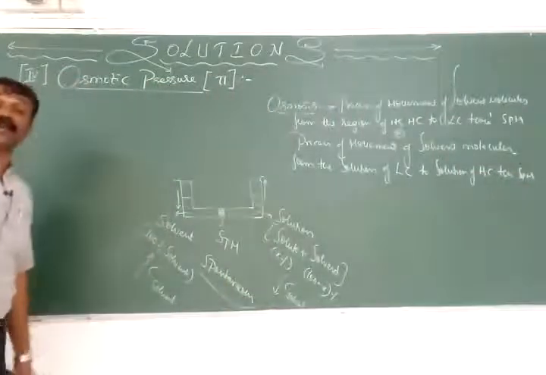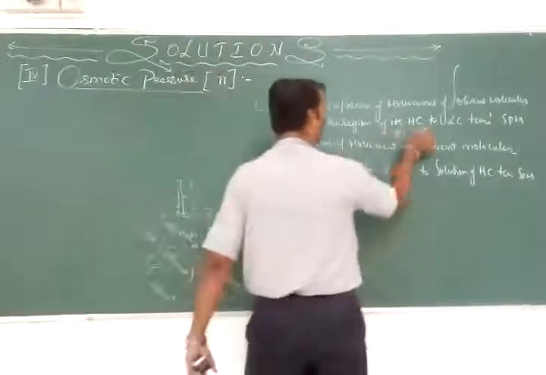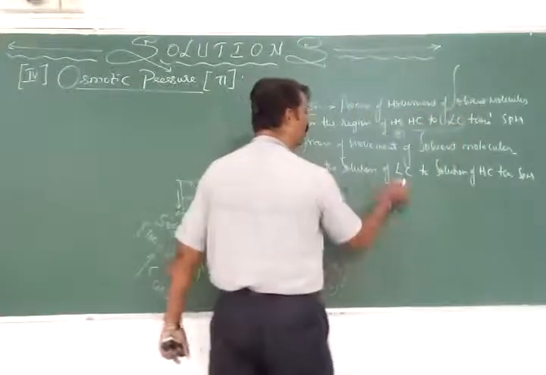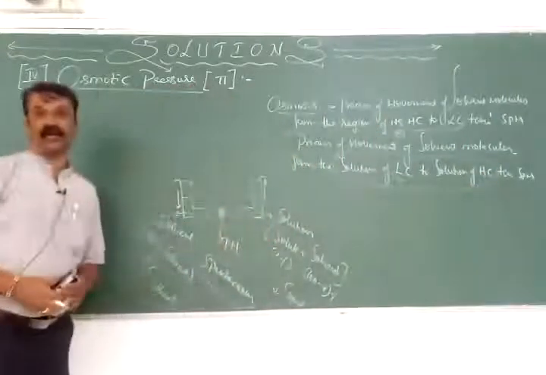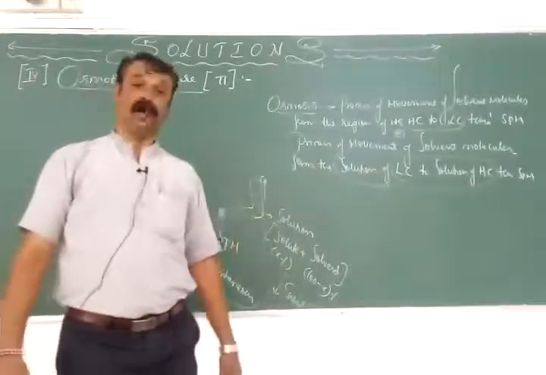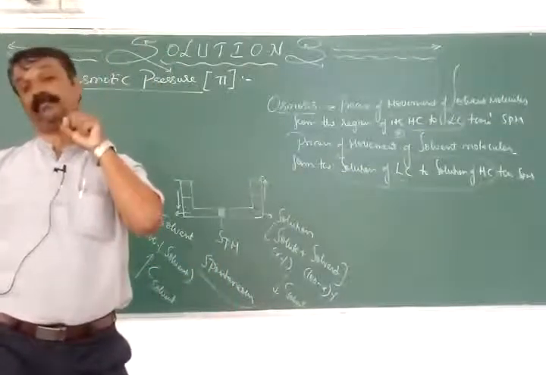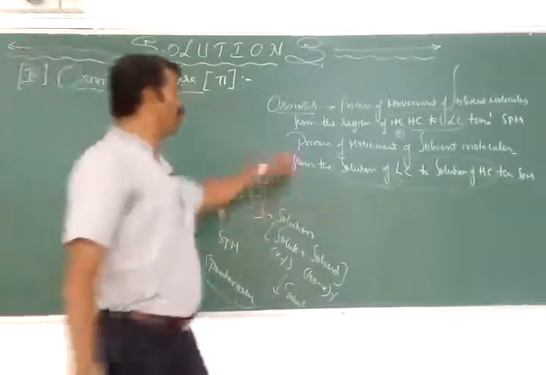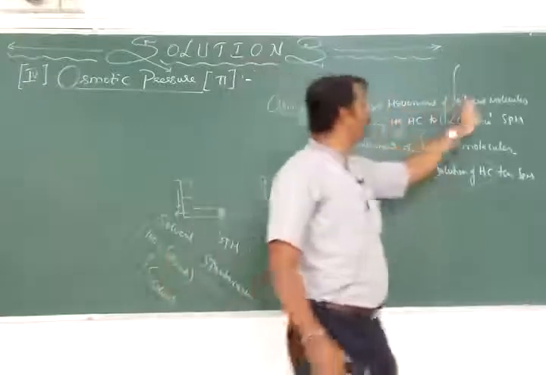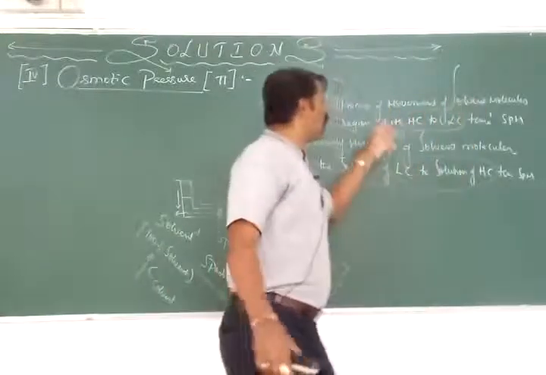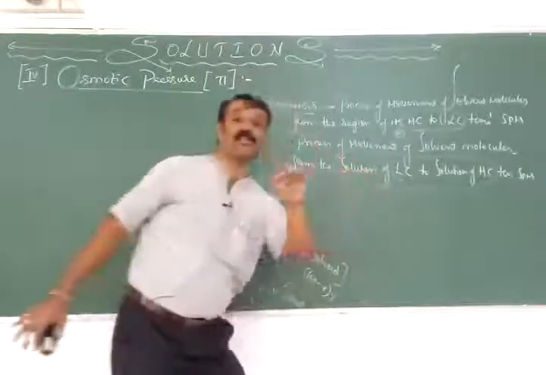Here it is a different definition, but both have the same meaning. In the first I mentioned from high to low, and here I mentioned from low to high. But what is the difference? In defining the first statement, we did not use any solution term. It is a process of the solvent molecules from the region of its, again the solvent, higher concentration, which means the solution concentration is lower.